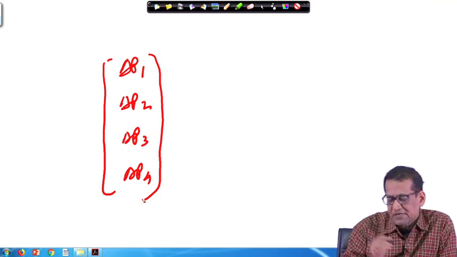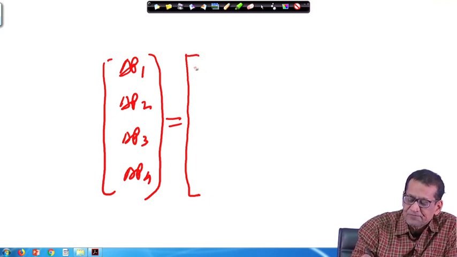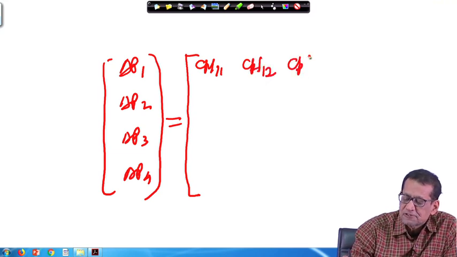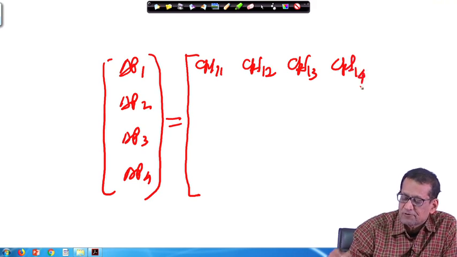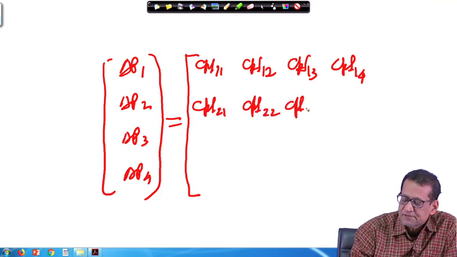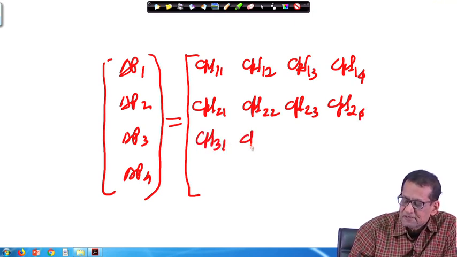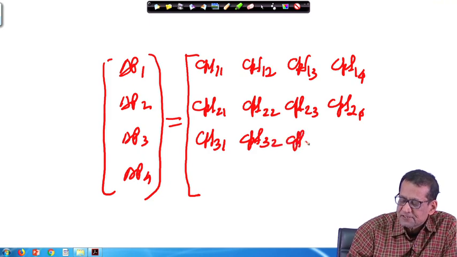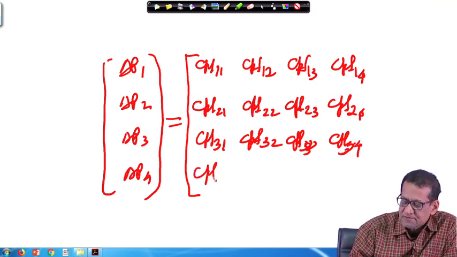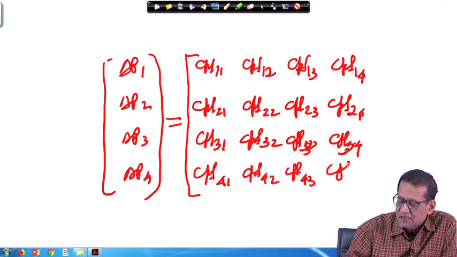The contracted power demand equals the matrix: CPF 11, CPF 12, CPF 13 and CPF 14; then CPF 21, CPF 22, CPF 23 and CPF 24; then CPF 31, CPF 32, CPF 33 and CPF 34; then CPF 41, CPF 42, CPF 43 and CPF 44.